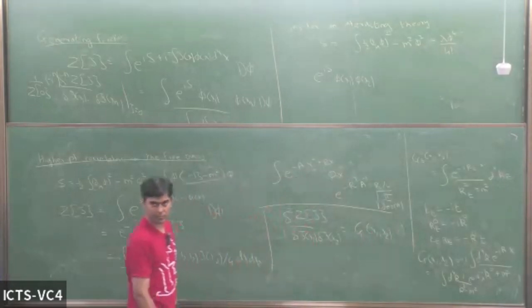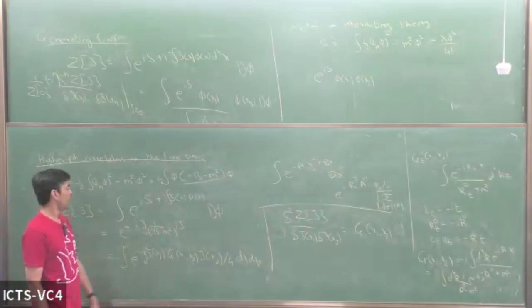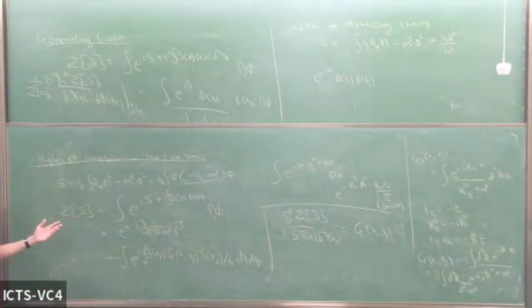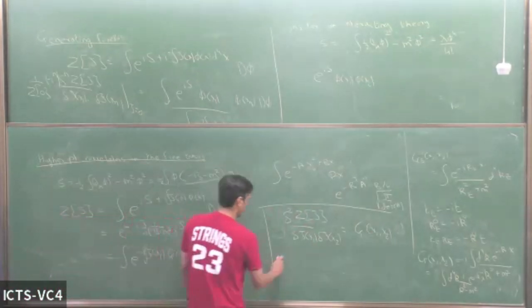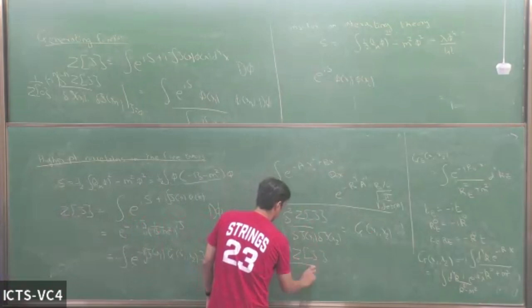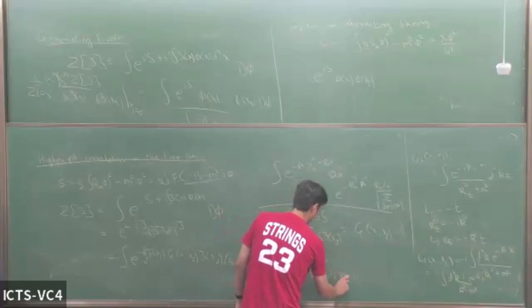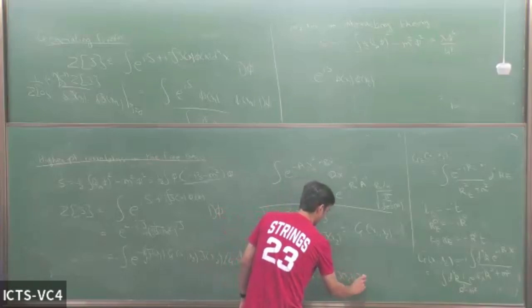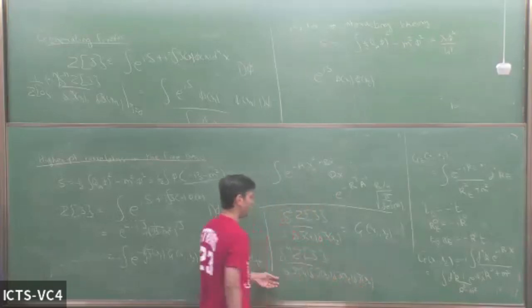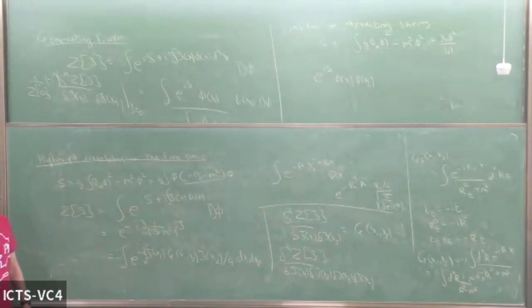Now let's say I try to differentiate this, but I differentiate it 4 times so as to get a 4-point correlation function. So let's say I compute delta 4 of z of j by delta j of x1, delta j of x2, delta j of x3, and delta j of x4. And there are various i's and so on, but those will not be important. What I want to show you is how the combinatorics works out.